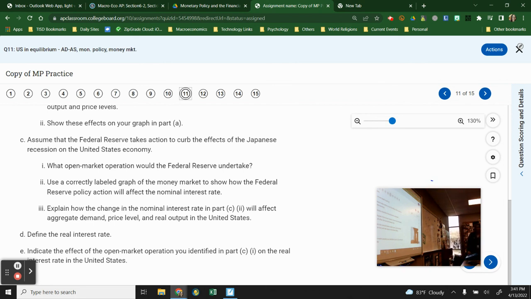Define the real interest rate. Wait, is it okay on the test if we abbreviate like that? Yes. If I do it, you can do it. Will they accept that on the AP test? The only thing they're not going to accept is if you say like my boops are lower. Boops is a Taylorism. Don't say boops.